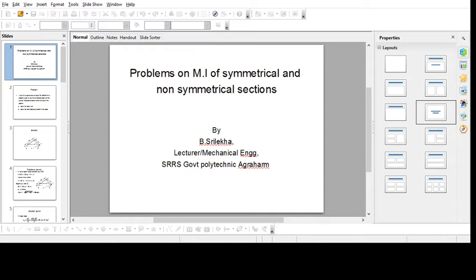In this manner you can find the centroid of the entire figure. Next you need to find the moment of inertia. As you know, moment of inertia is bd cubed by 12 for everything. You find bd cubed by 12 and db cubed by 12 and sum them all.